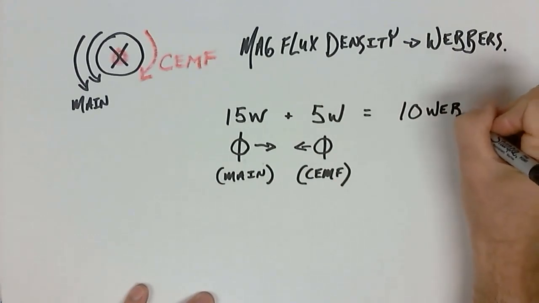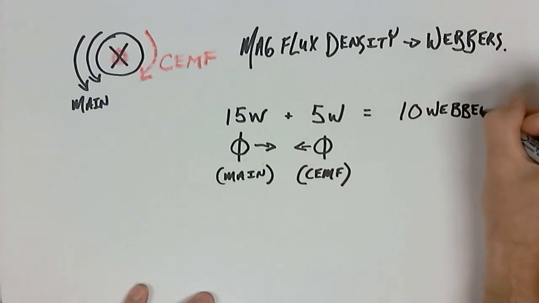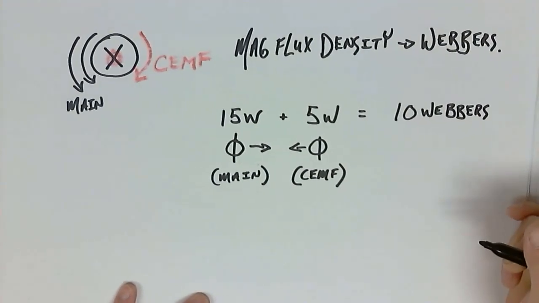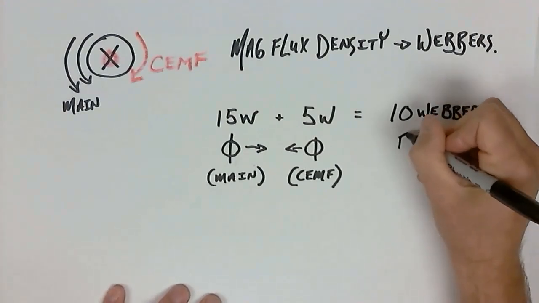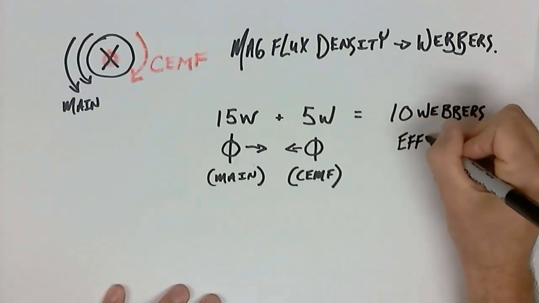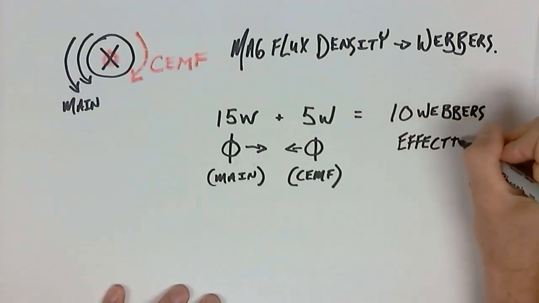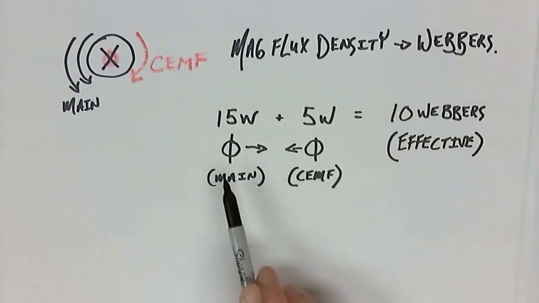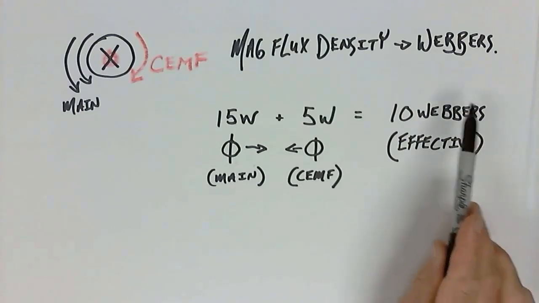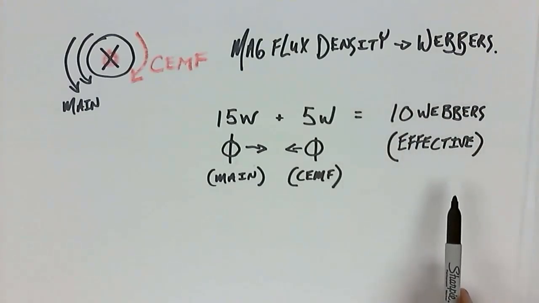Less Webers worth of magnetic flux, and we would call that the end result, and we would also refer to it as the effective value of EMF. Because they cancel each other out, there is an effective value that's left over. And that effective value is something that we're going to use in our calculations.